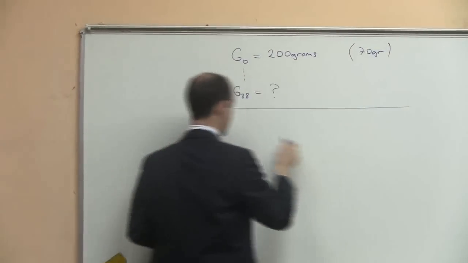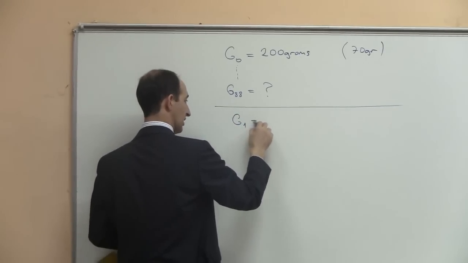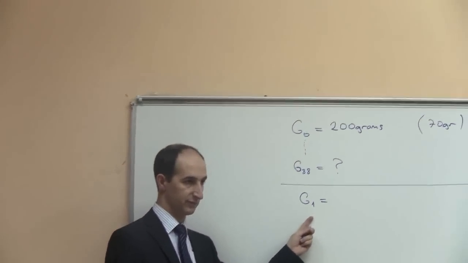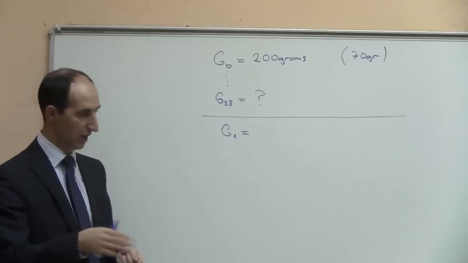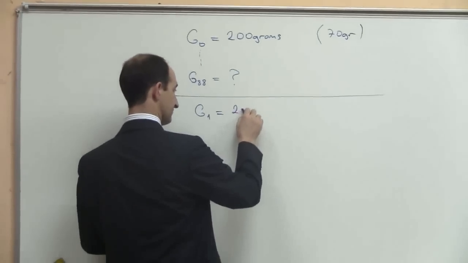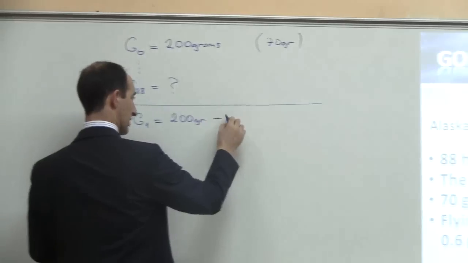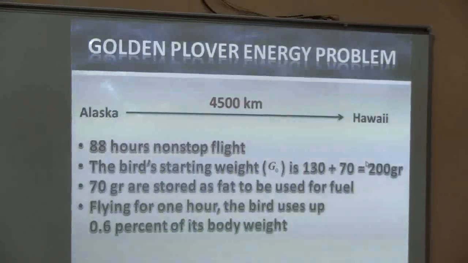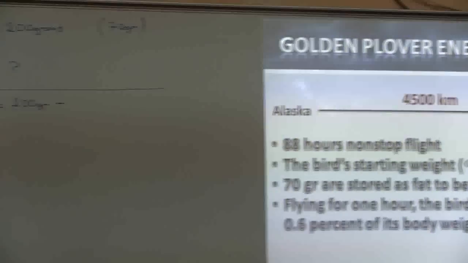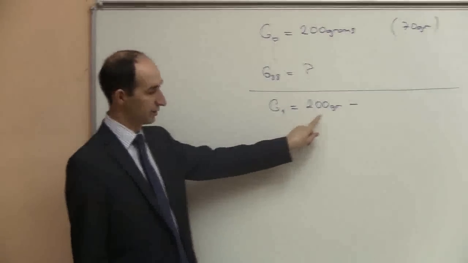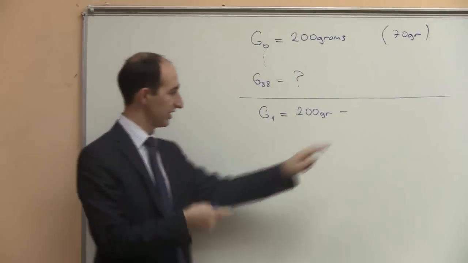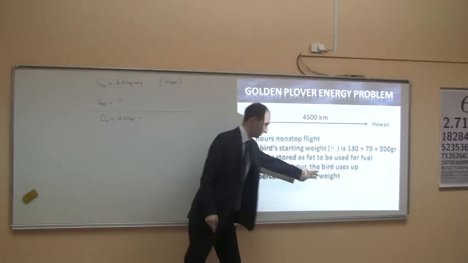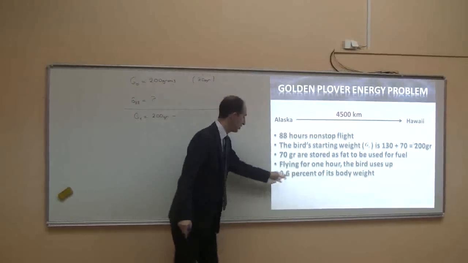First of all, we should find G of 1. How can I determine the value of G of 1? 200 grams minus 0.6. By the way, what's the meaning of G of 1? It is the weight of our bird up to 1 hour. 199.4. Yes, but how can I get that number? Remember, for each hour, our bird uses up 0.6%.